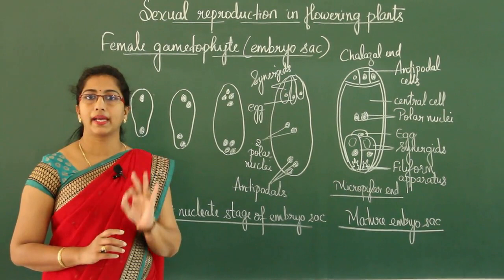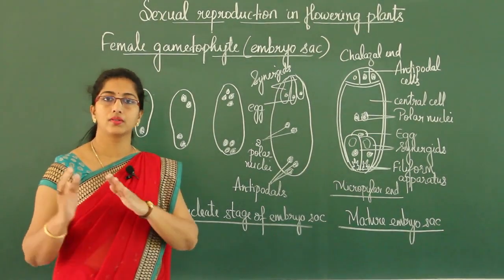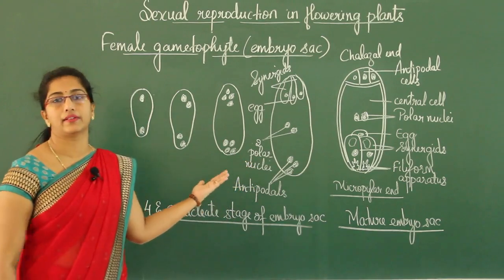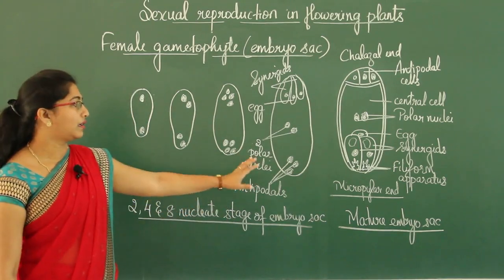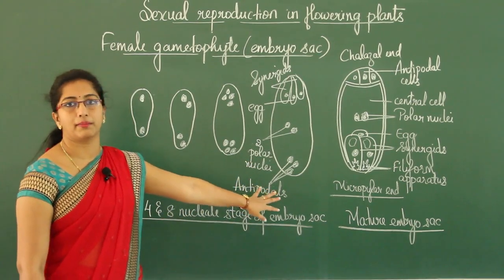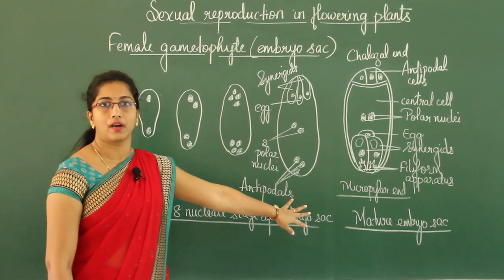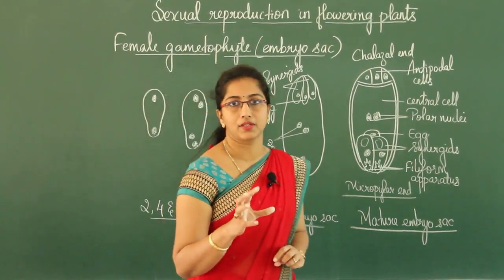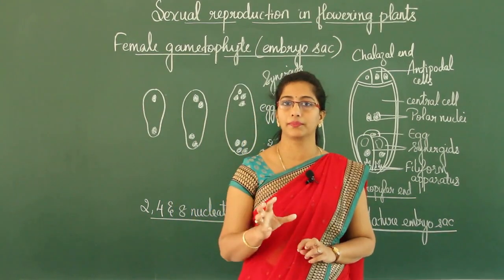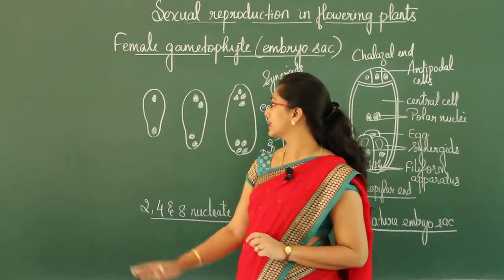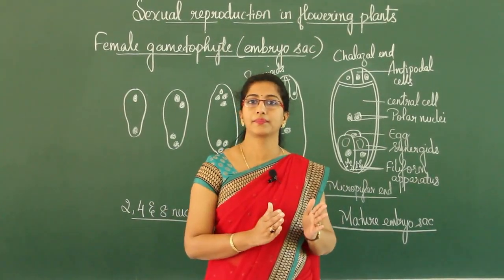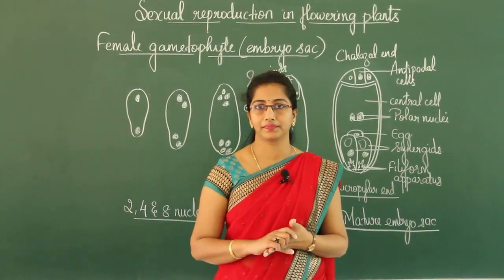So a single megaspore undergoes a lot of changes and divisions, and develops into the embryo sac or the female gametophyte. First it undergoes sequential mitotic divisions.